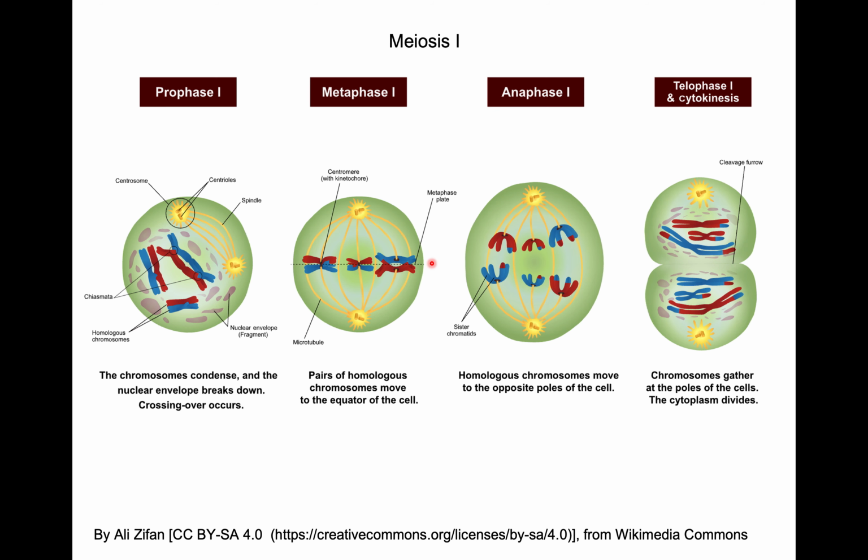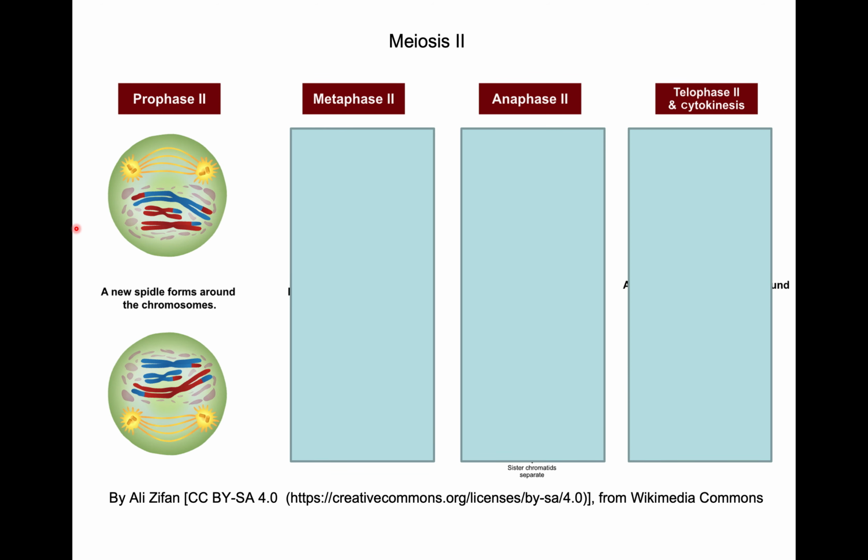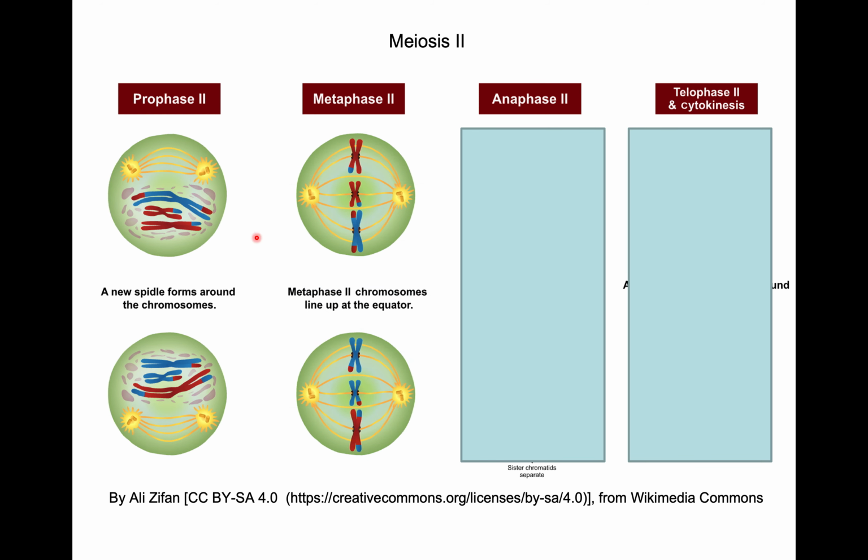After these two cells separate, there is no more interphase. So they go straight into prophase 2, and the steps in meiosis 2 are pretty similar to what happens in mitosis. Again, the spindle bodies move towards the two ends of the cell, the nuclear membrane breaks down, the chromosomes attach themselves to these spindle bodies, and then during metaphase 2, all the chromosomes form a single line.